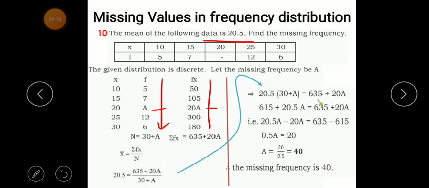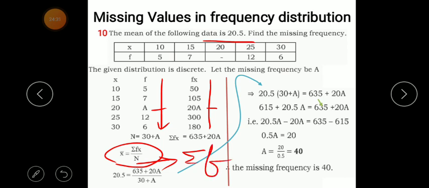There I calculated the mean for individual series, discrete data, as well as continuous data. So this is discrete data. The same formula I am going to use now, that is x bar equals summation fx upon n, or instead of n I am using summation f.